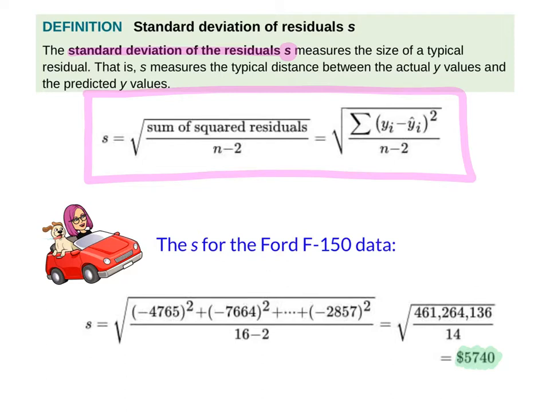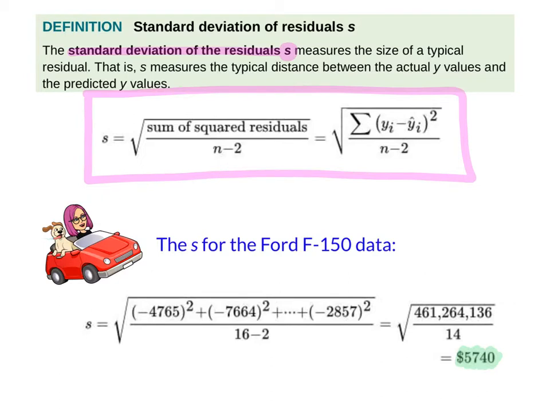Now, it looks a lot like standard deviation, but it just has to do with residuals instead of the mean or the average. So it measures the size of a typical residual, that is S, measures the typical distance between the actual Y value, so like the actual sale price of that Ford F-150, and the predicted Y value, or that $5,000 more sticker price that you'll probably see if you go looking for used cars, if you haven't already.